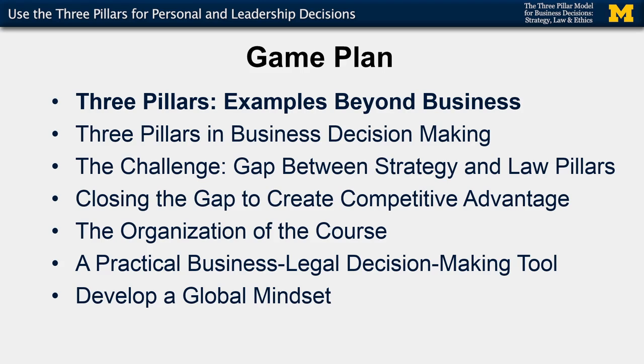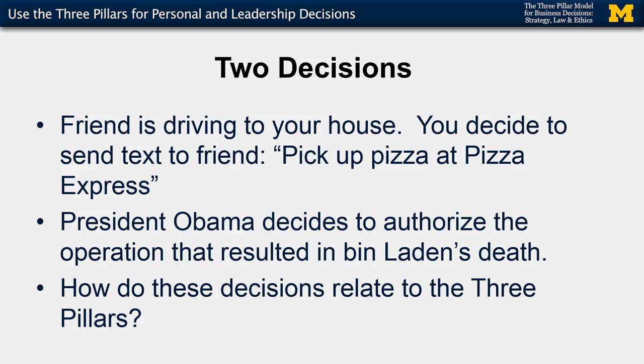So let's start with two decisions, one personal and one leadership. The personal decision is this: a friend is driving to your house, and you decide to send a text to your friend which reads, "Pick up pizza at Pizza Express." You've suddenly developed a craving for pizza. You've ordered a pizza at a local pizza joint called Pizza Express.